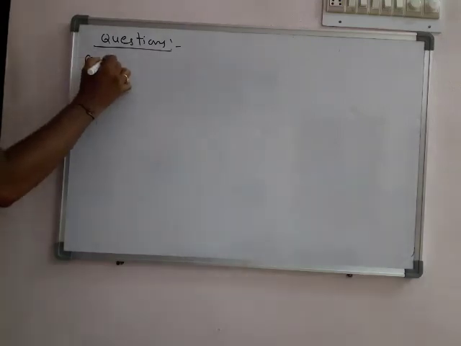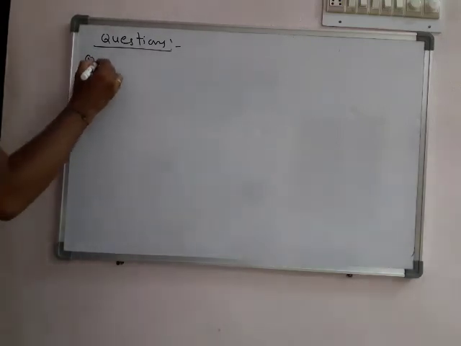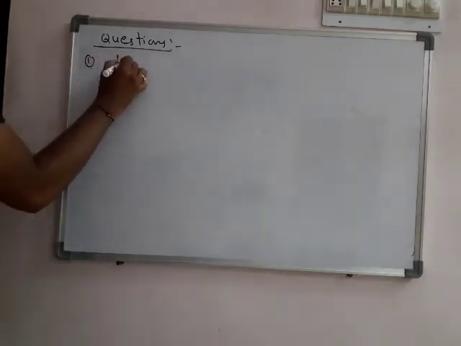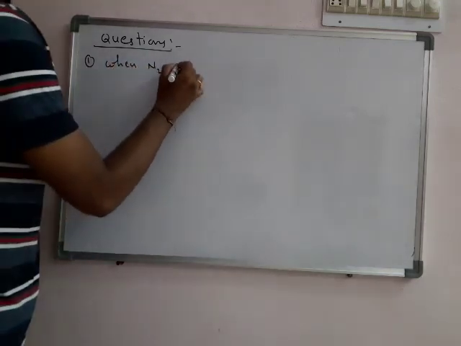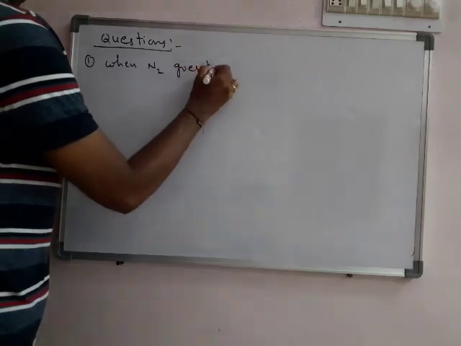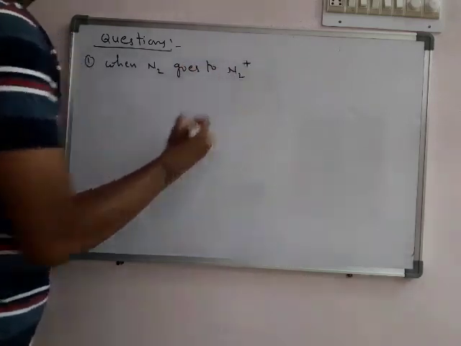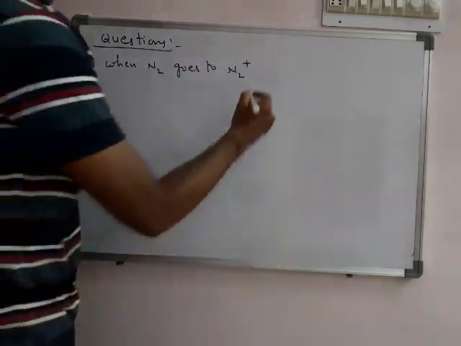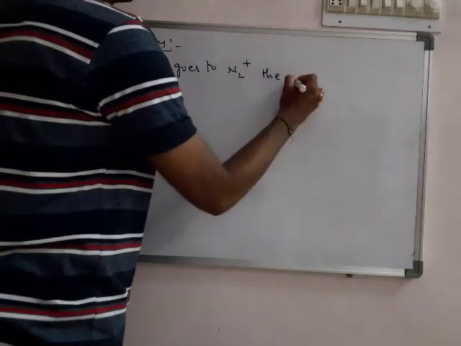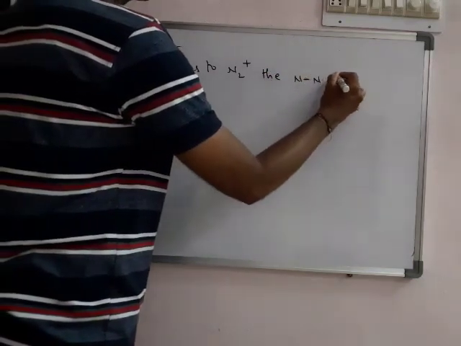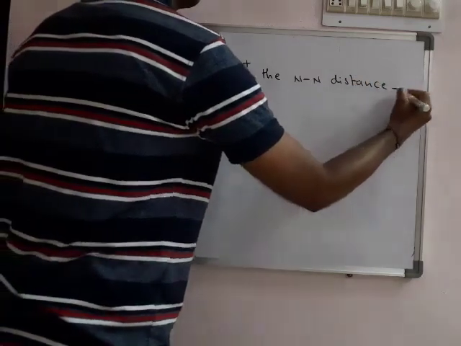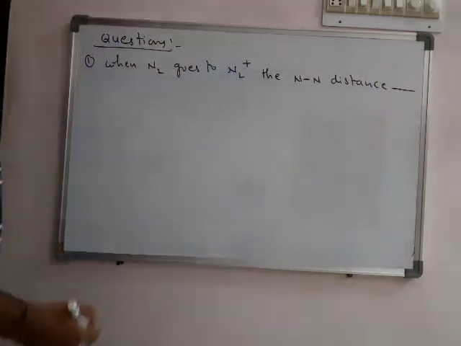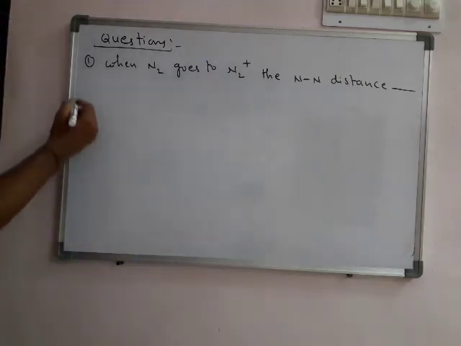So the question is: when nitrogen goes to N2 plus, does the N–N bond distance increase or decrease? You have to fill that in.